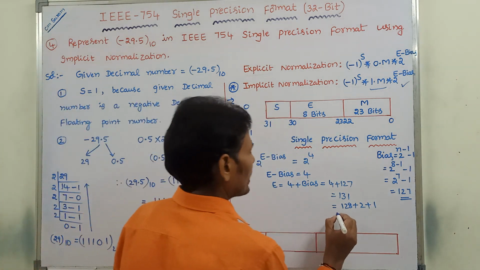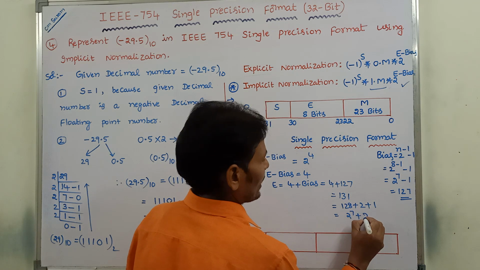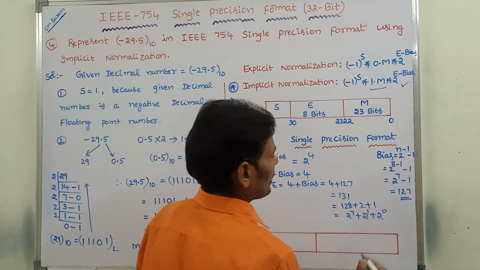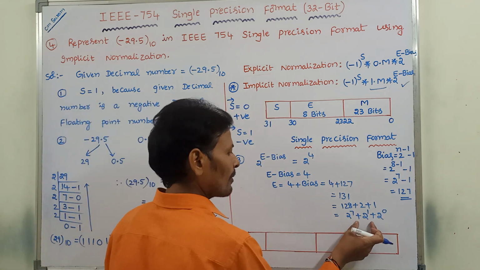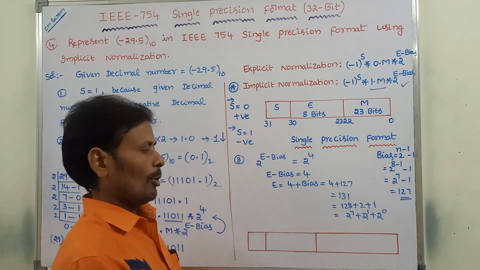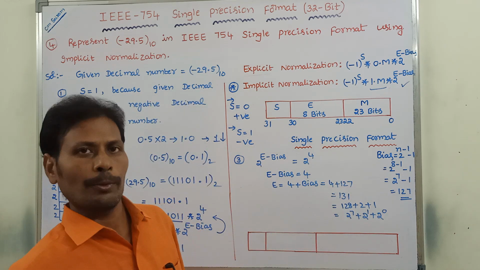128 is 2 power 7. 2 is nothing but 2 power 1. 1 is nothing but 2 power 0. So whatever the 2 powers are there at those places, you have to put 1. Whatever the missing 2 powers are there, you have to put zeros.